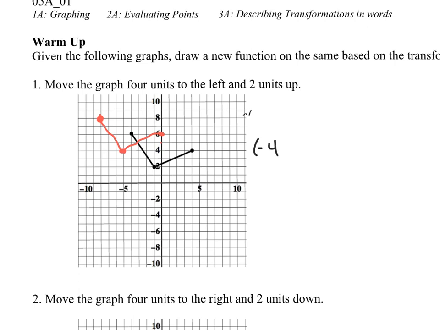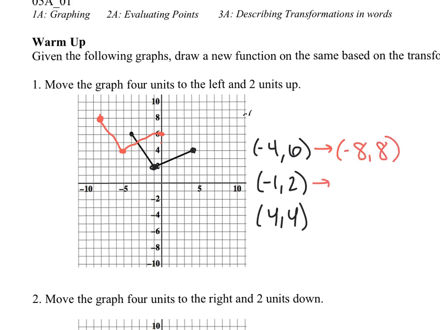If I look at those points, (-4, 6), (-1, 2), and (4, 4) are the points of the original function. So here, here, and here. You could have also thought about it that way. So if I look, the point (-4, 6) became (-8, 8).